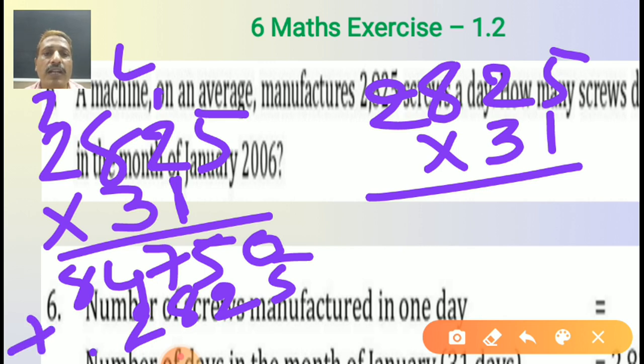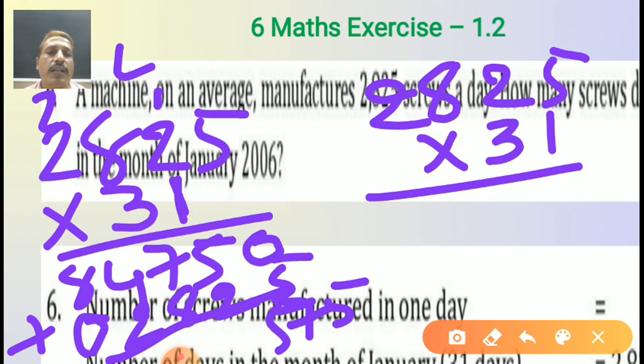No number is there. That's why I will put here 0. Understood? Now add it. 5, 7, 15, 7, 8. 8,700. No, it is 7,575.